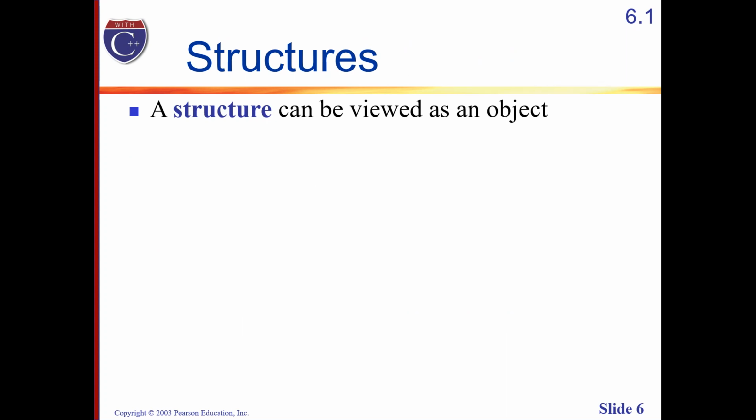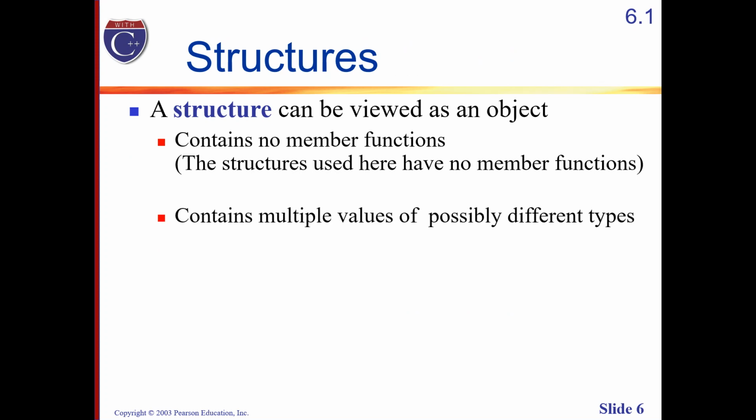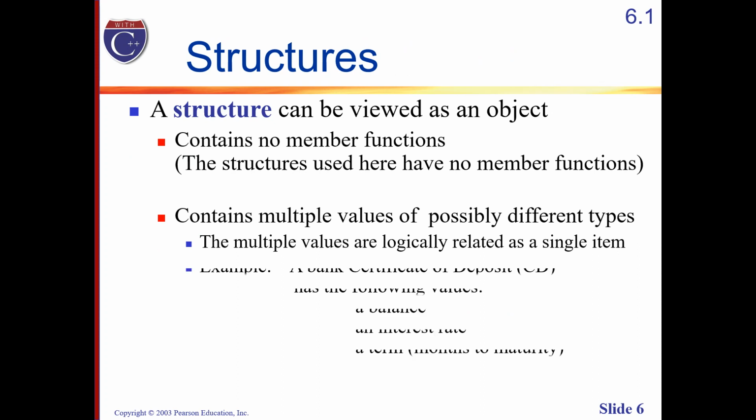But of course, in terms of concept, they share the same with that of an object in C++. However, it contains no member functions. The structure used here has no member functions. It can contain multiple values of possibly different types. The multiple values are logically related as a single item.